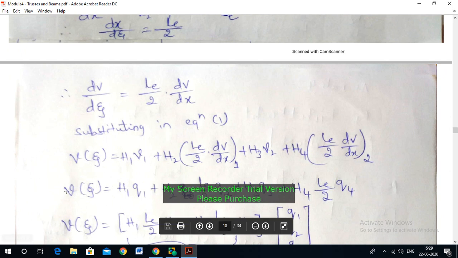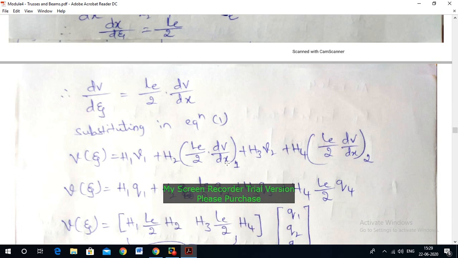Therefore v of zeta is equal to h1 q1 plus h2 into LE by 2 into q2 plus h3 q3 plus h4 into LE by 2 into q4, where q4 is dv by dx at node 2.